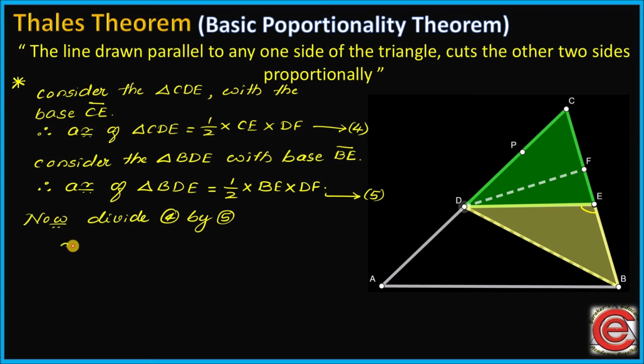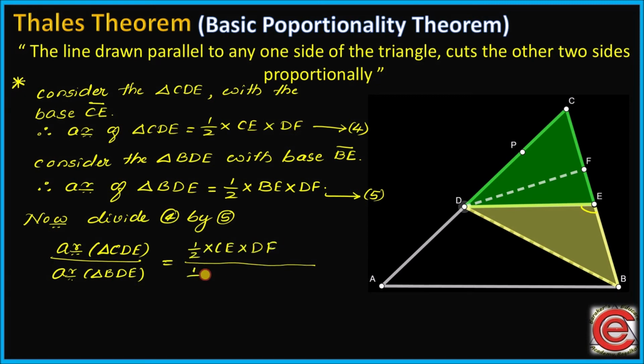The LHS is area of triangle CDE to area of triangle BDE, equal to the RHS, half of CE into DF and half of BE into DF in the denominator. Now half is cancelled and DF is cancelled, so we get CE divided by BE. You can call it equation number 6.